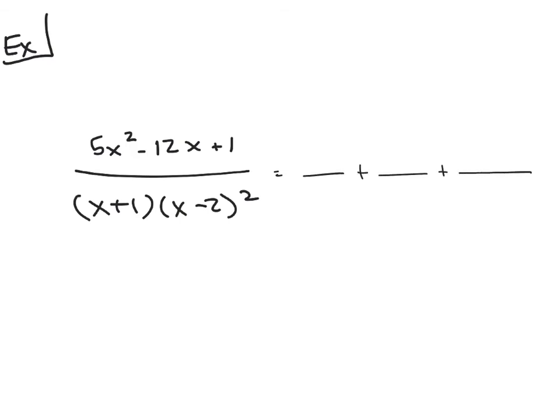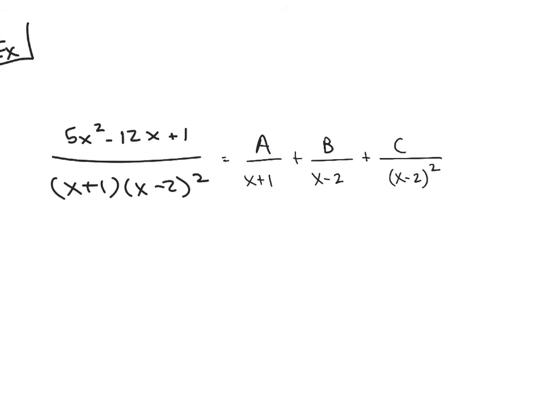Since we have three factors, we're going to have three partial fractions, x plus 1, and since x minus 2 is the repeated factor, it's x minus 2 and then x minus 2 squared with denominators of a, b, and c. So there's step one, write the form of the partial fraction.